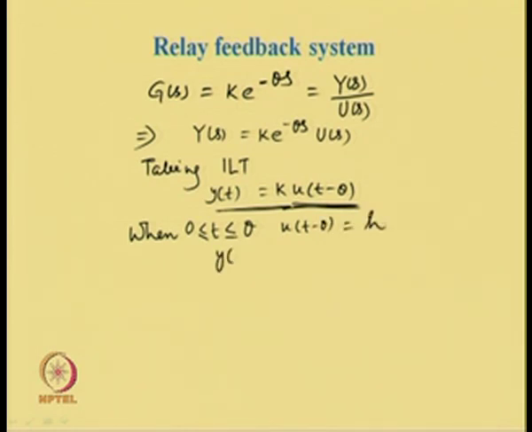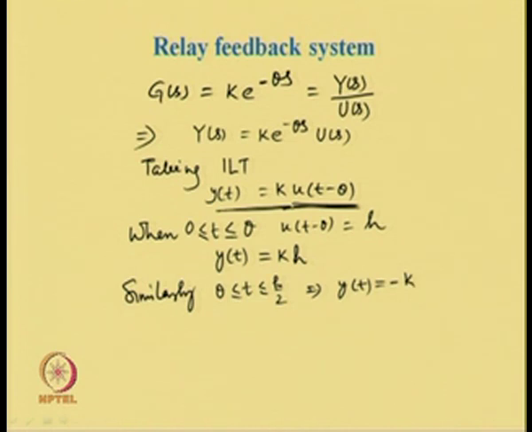At that time the output of the system will be equal to k h. Similarly, for the time range when t is between theta to Pu by 2, the output of the system y(t) will be equal to minus k h, since u(t minus theta) at that time is equal to minus h.